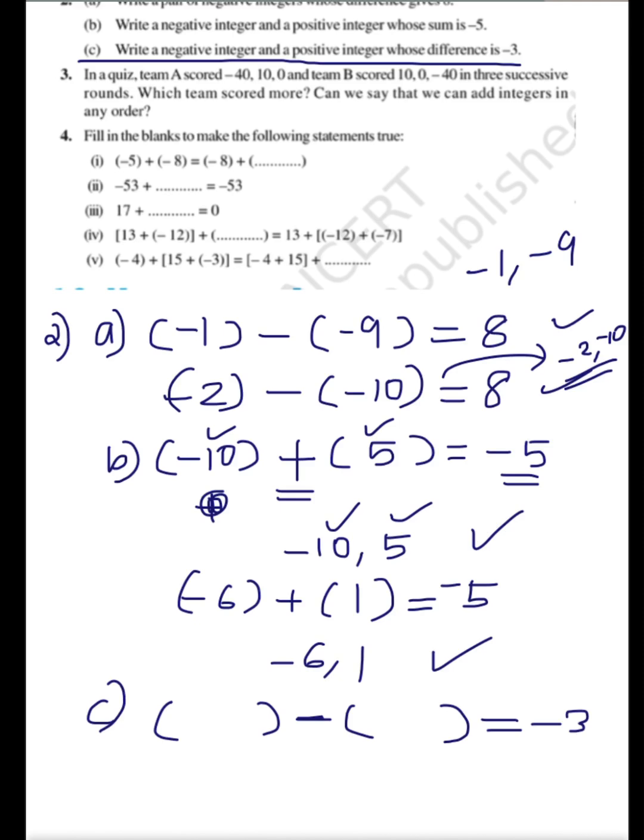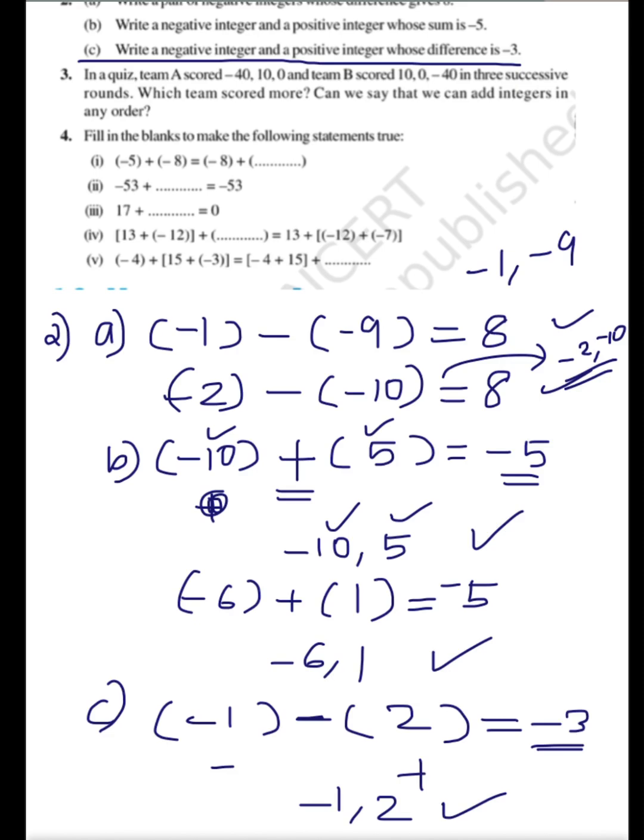So in order to get this minus 3, you can use minus 1 minus 2. Here this is negative and this is positive. So minus 1 and 2. If you are using this minus 1 and 2, then in your answer you will get minus 3. So this is a pair, that is minus 1 and 2 is a pair.